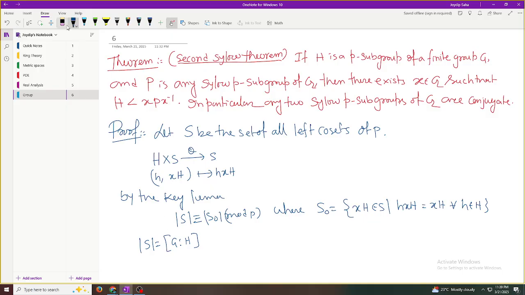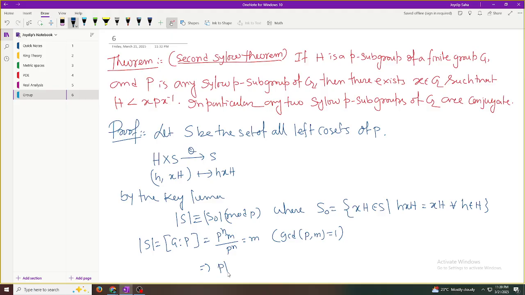No, not G colon H, it is left coset of P. So I should write P. What is this? P to the power n m by P to the power n, that is m. GCD of P and m equals 1.